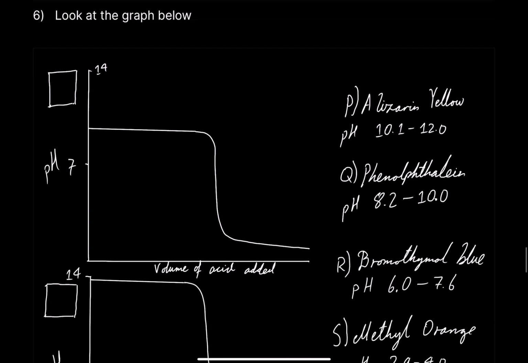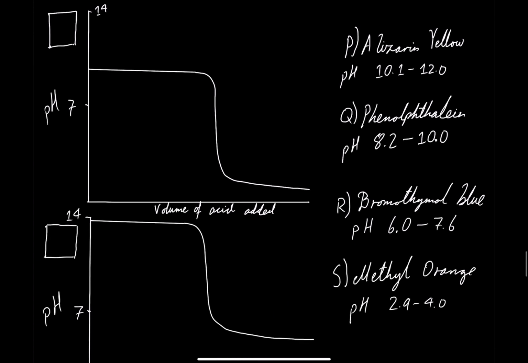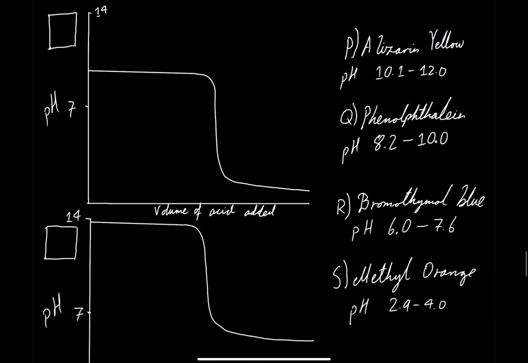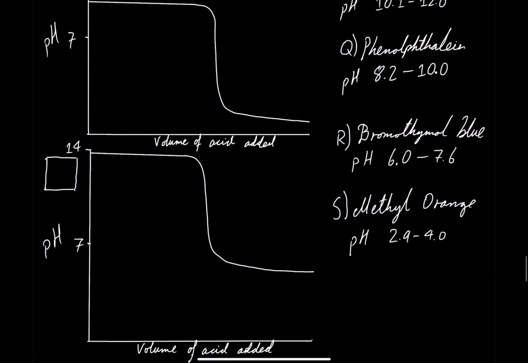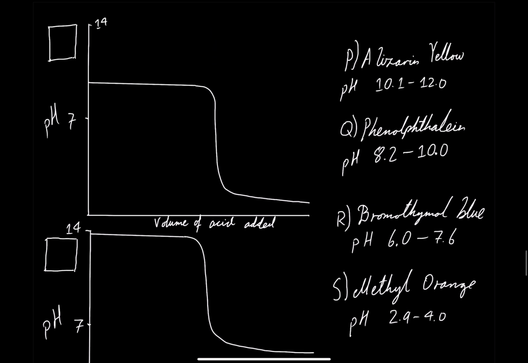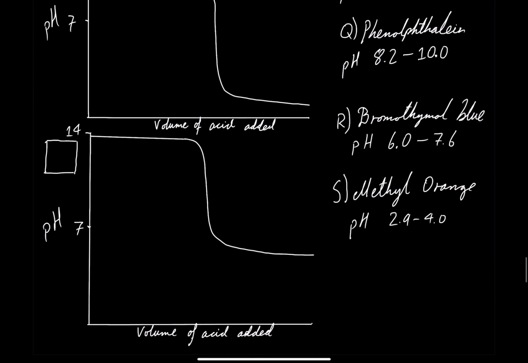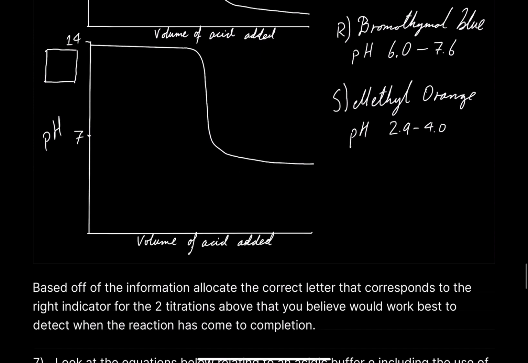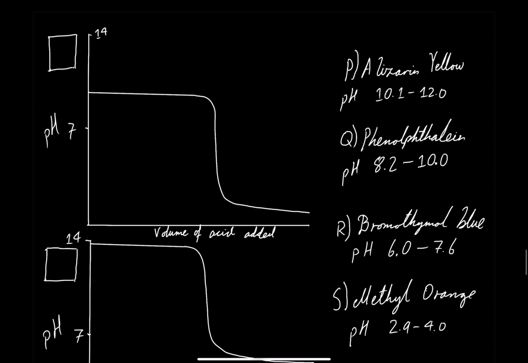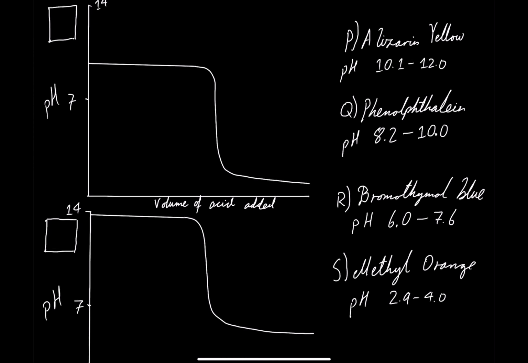Question 6. So look at this graph below, right? I'll allow you to look at it and examine it. We've got two different pH graphs here, and we have different types of indicators, as you can see on your right.